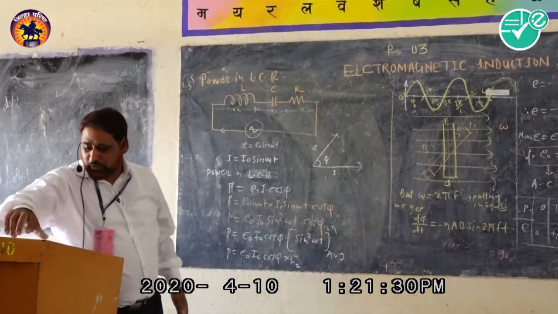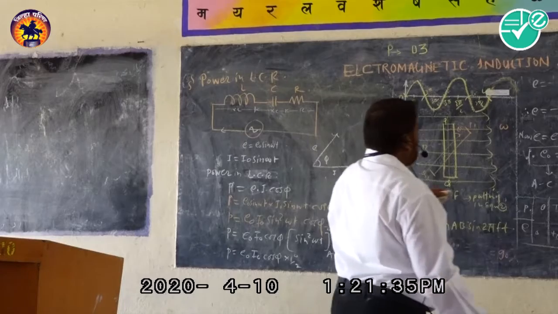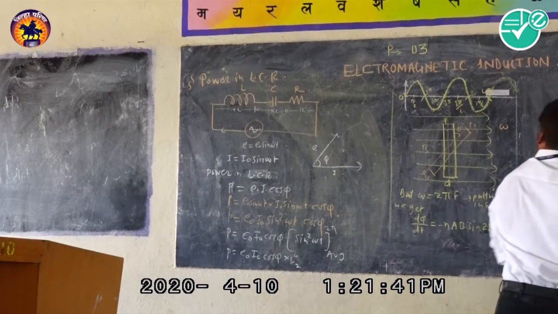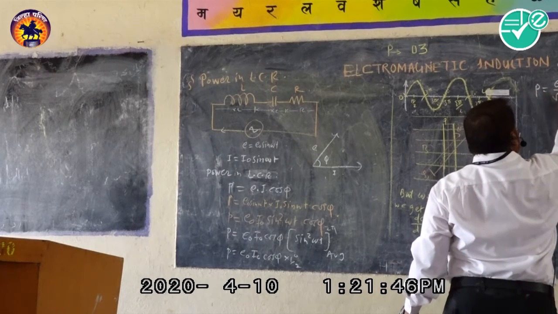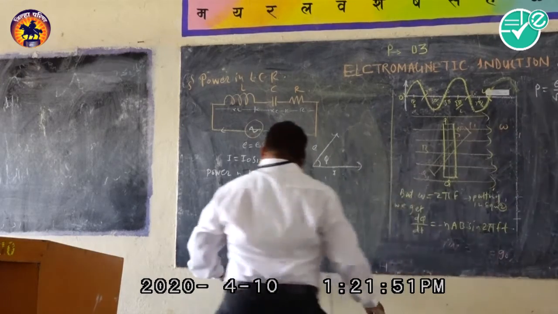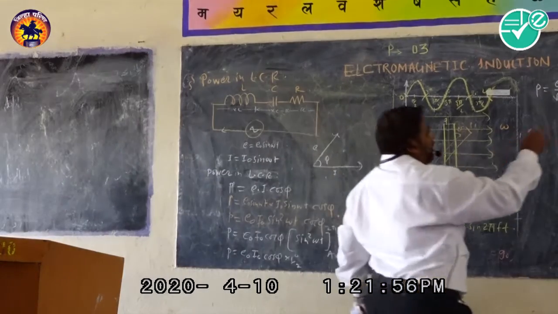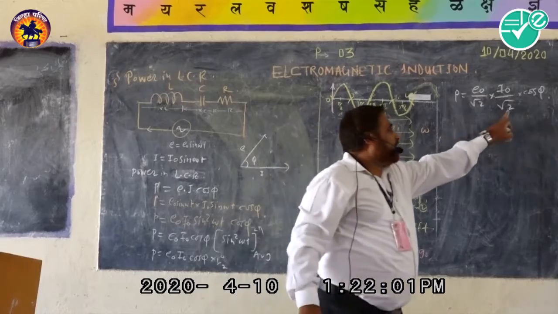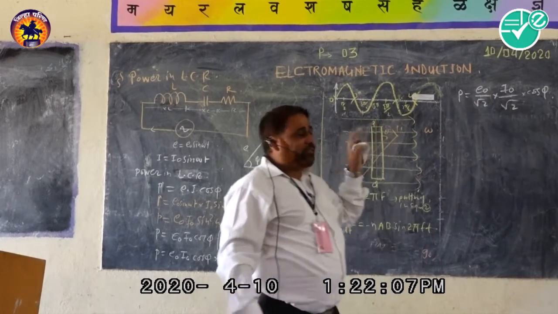So now let us go ahead. That can be written as P is equal to E0 by root 2 into I0 by root 2 into cos phi. It is one and the same, since root 2 multiplied by root 2 is root of 4, which is 2.